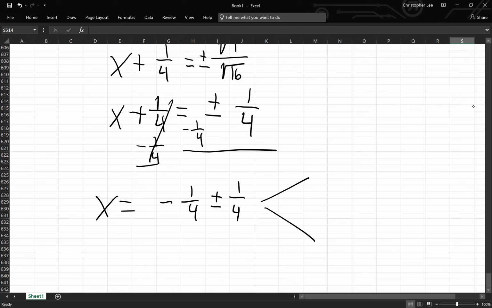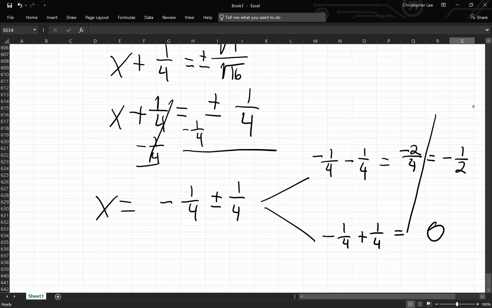So negative 1 over 4 minus 1 over 4, which becomes negative 2 over 4, which becomes negative half, right? Then you're going to have negative 1 over 4 plus 1 over 4, which becomes what? 0. These are my answers here.